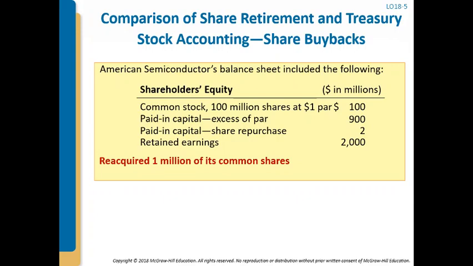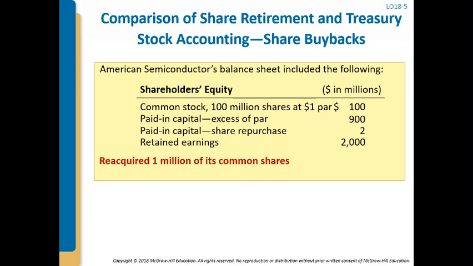You also have a couple of other things here. You've got paid in capital from share repurchase from prior repurchases. You also have retained earnings of $2 billion. And so this company reacquires 1 million of its common shares.